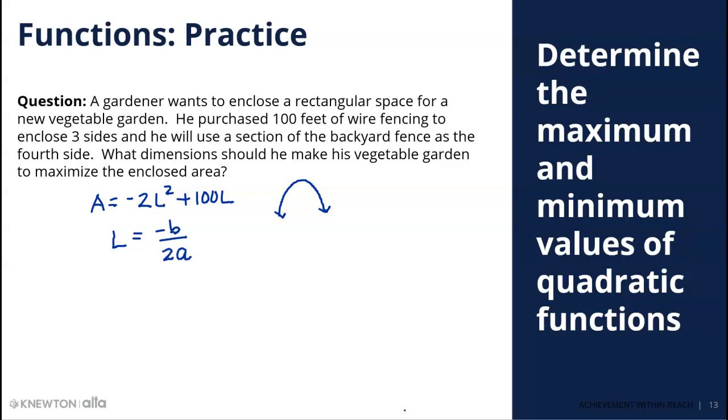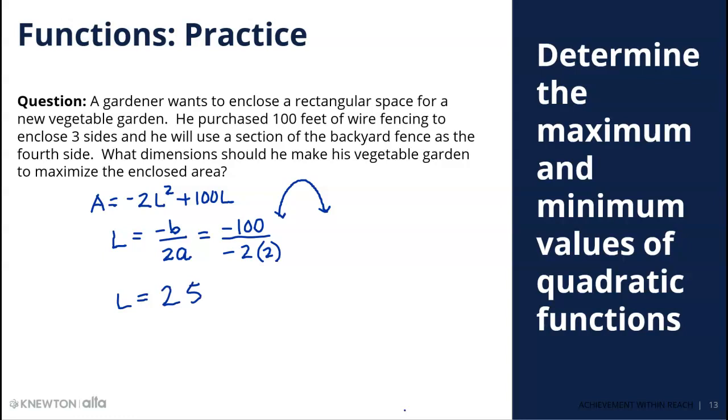And then you just plug in the values. b is 100, so you have negative 100 divided by 2 times negative 2. So you have negative 100 divided by negative 4, which is equal to 25. That means that L here is equal to 25.